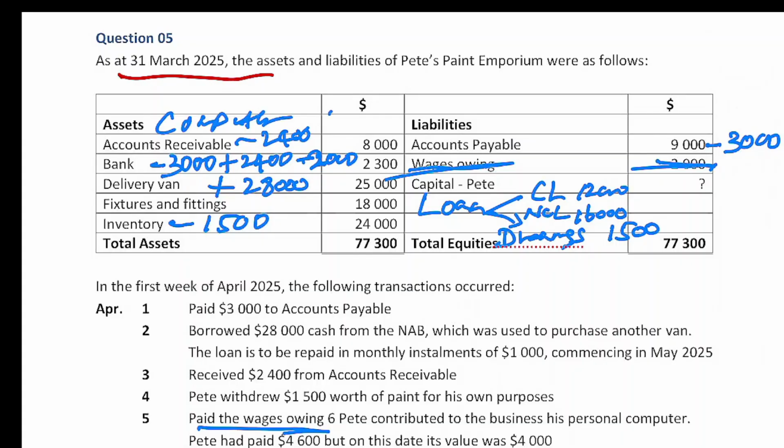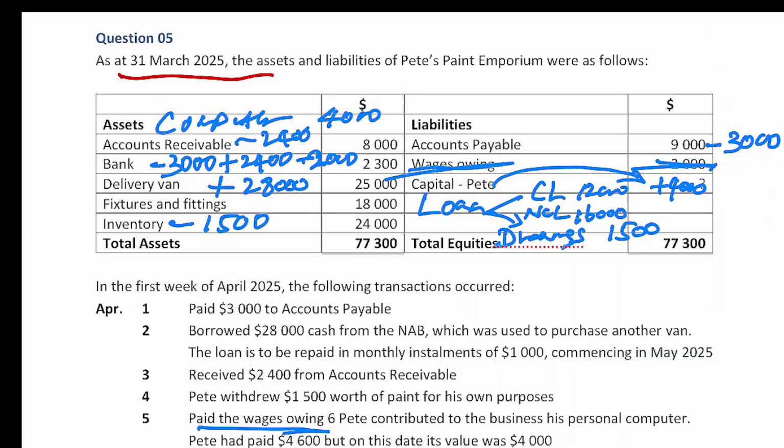Increase. Capital also increases. You can put plus 4,000. Capital plus 4,000. That's it.